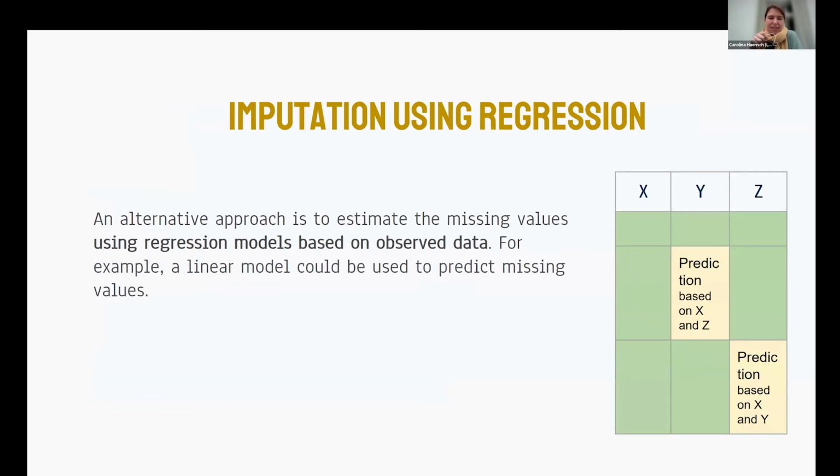So the next idea that came up was to use something like a regression for imputation. So you estimate, for example, the regression of y on x and z here, and for the missing values, you simply predict the value, and then impute it, fill in this predicted value in your cells with missing data.